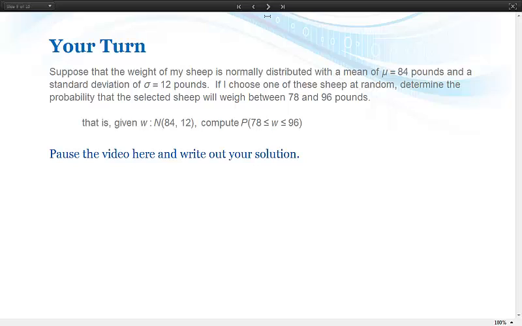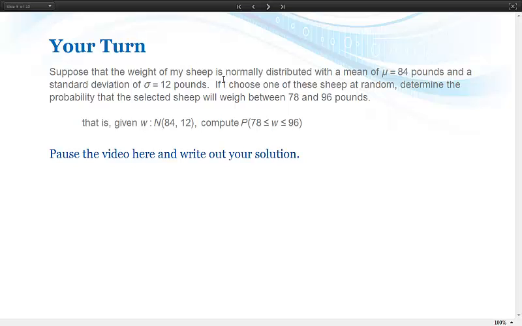So your turn. See if you've got the idea here, using both these slides and the notes that you received in class that are posted on D2L. Suppose that the weight of my sheep, I've got a large flock of sheep, is normally distributed with a mean mu of 84 pounds and a standard deviation sigma of 12 pounds.